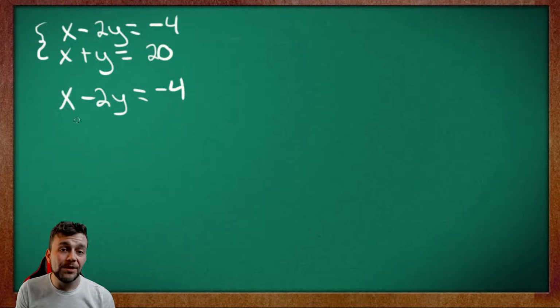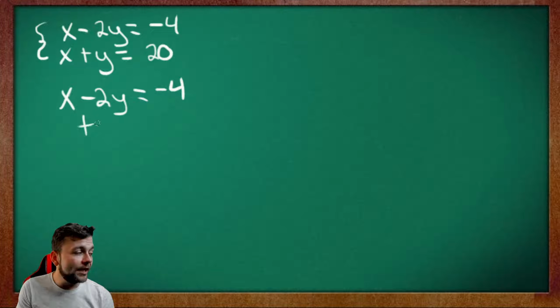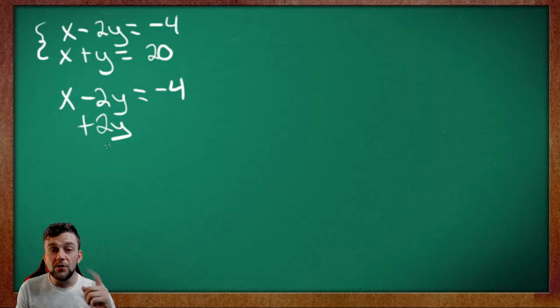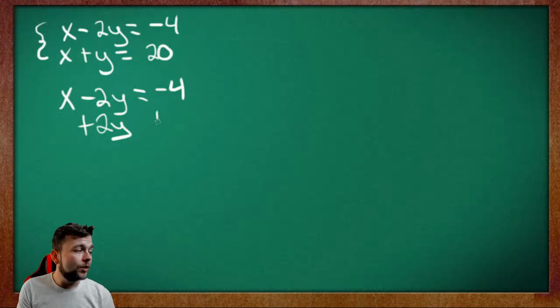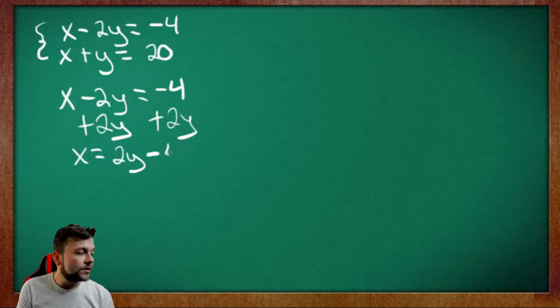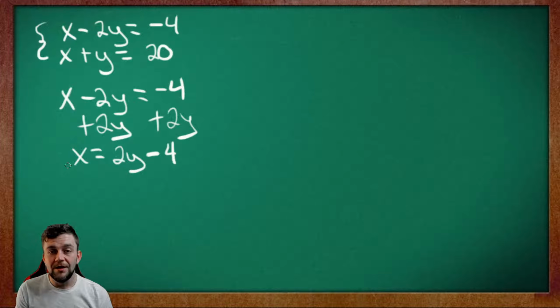So what's the inverse operation of minus 2y? Well, you add 2y, and you have to do that to both sides. Whatever you do to one side, you must do to the other. So we are left with x equals, and we can put our variable first, 2y minus 4. So this is our new equation, and notice it's x equals something, right?